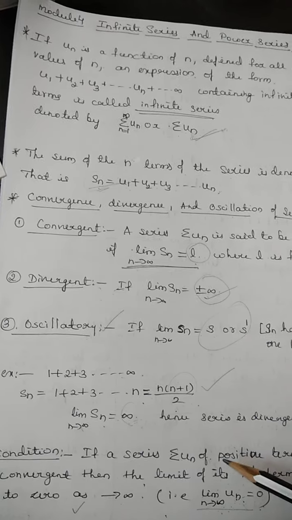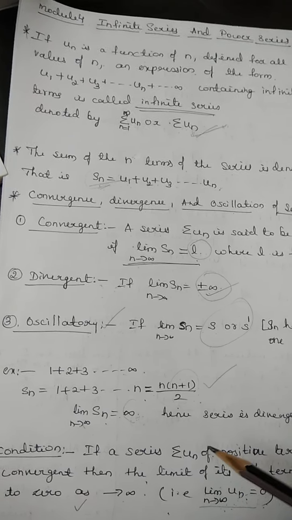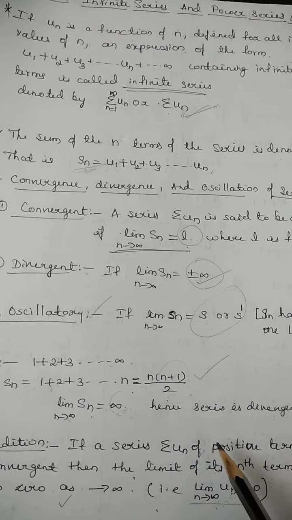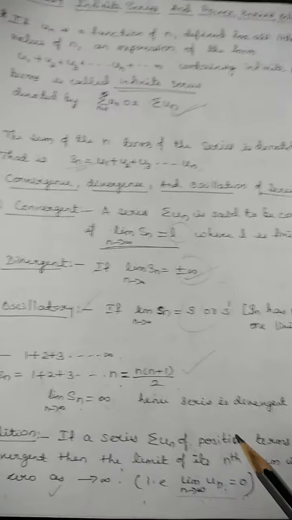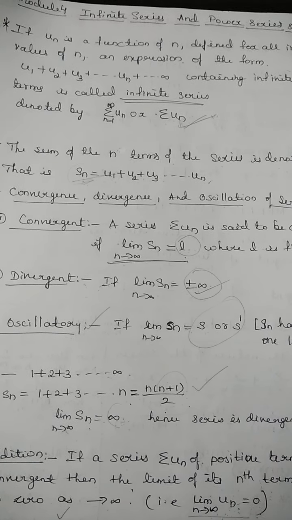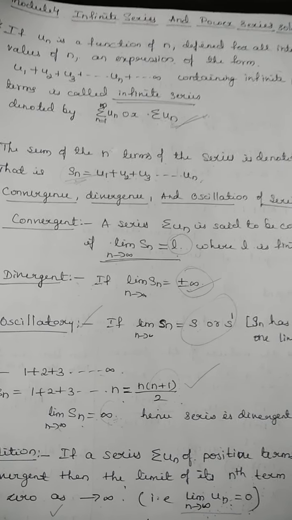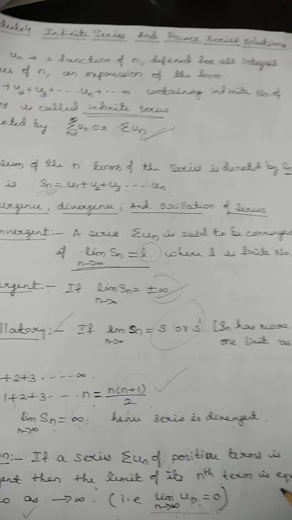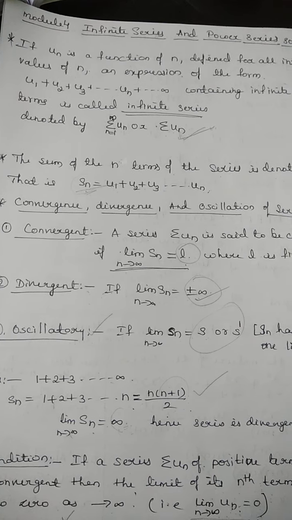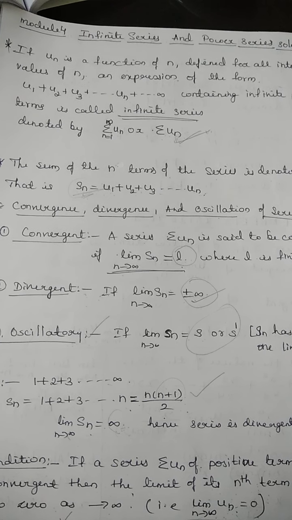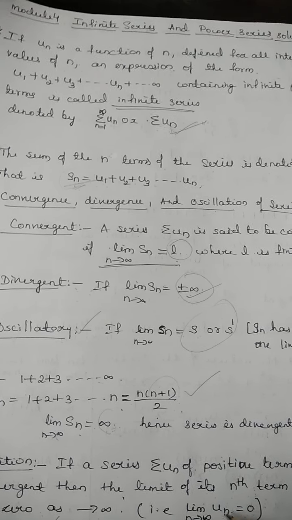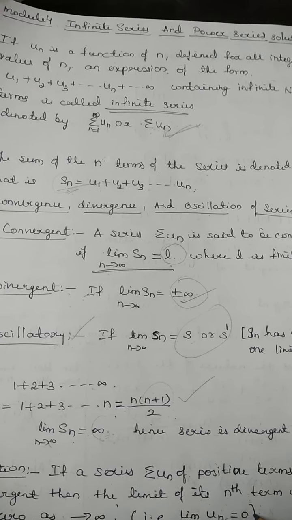Now let us see some conditions. Suppose we have a series of positive terms which is convergent, then the limit of its nth term is equal to 0 as n tends to infinity. Symbolically it is written as limit n tends to infinity of un is equal to 0.